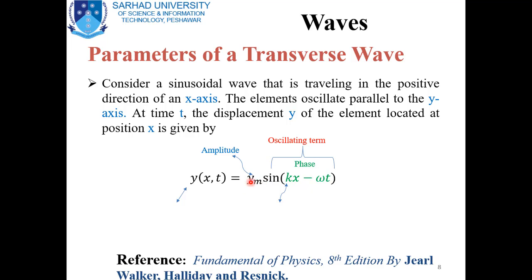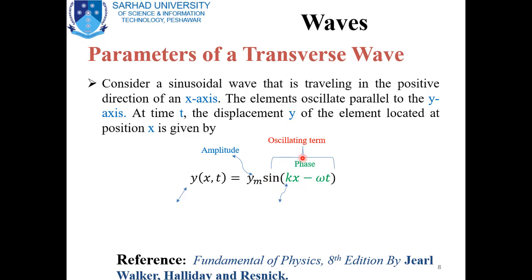The instantaneous displacement varies from 0 to ym. So we need an oscillating term, so there may be cos as well. Sine and cos are sinusoidal functions.